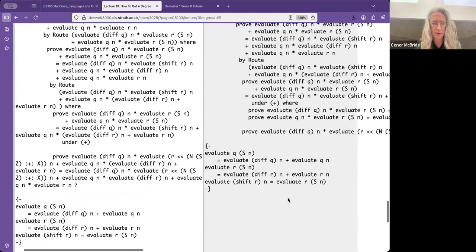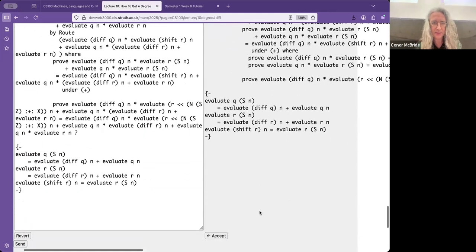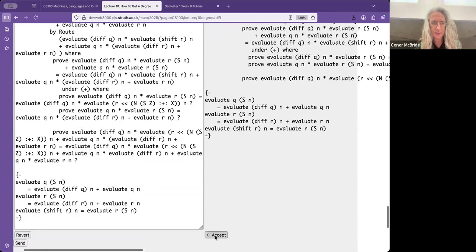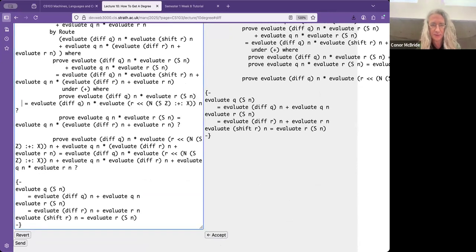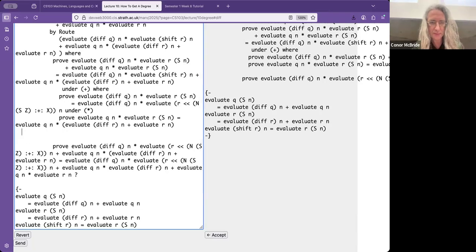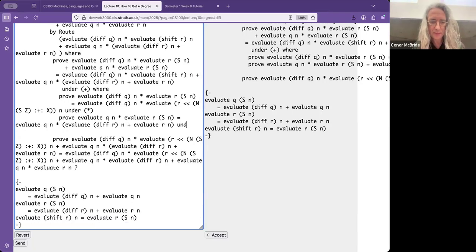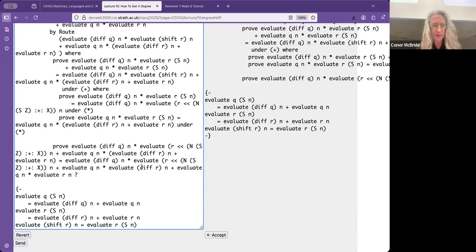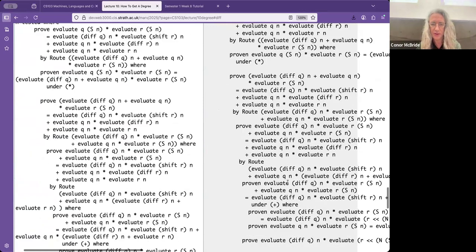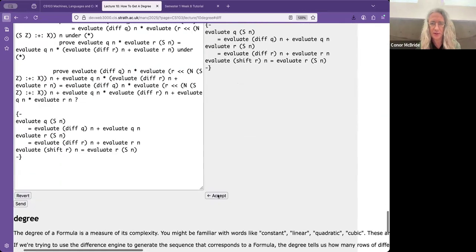And then what do I get? And then this, you can see what we're up to. This is under times. And so is this. It's a bit messy. I'll tidy it up when I post the update.